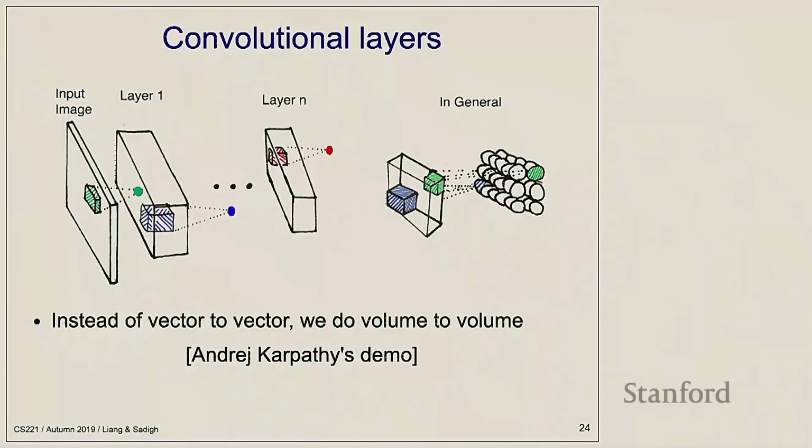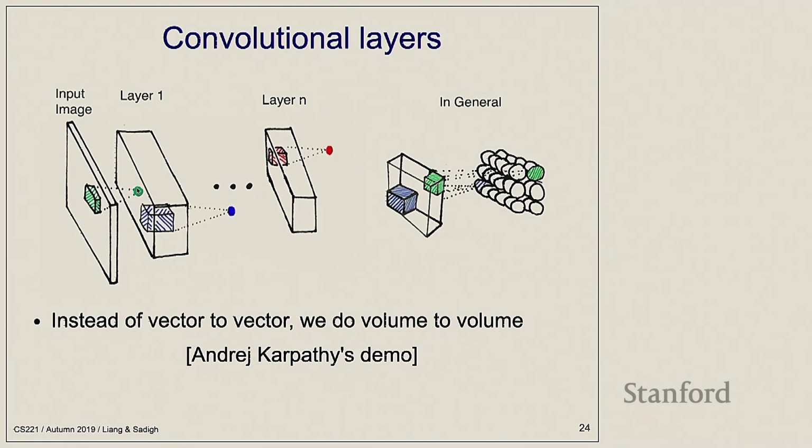In general, in practice, instead of 1-dimensional or 2-dimensional, they're very high-dimensional volumes. And so your filter is going to be a cube in the input space, and you're sliding it around and applying it at every place it can fit in this input.